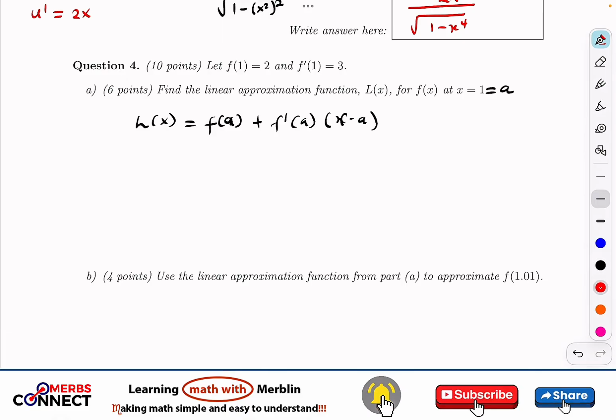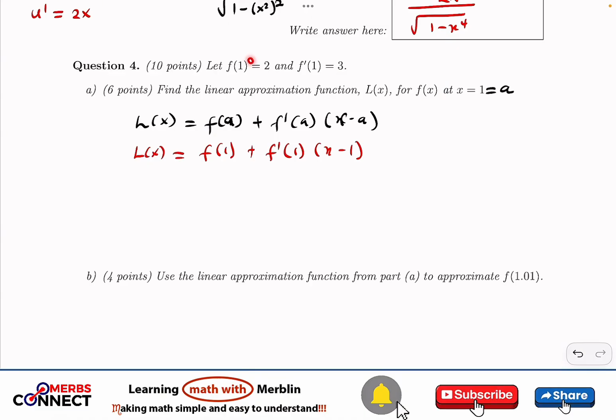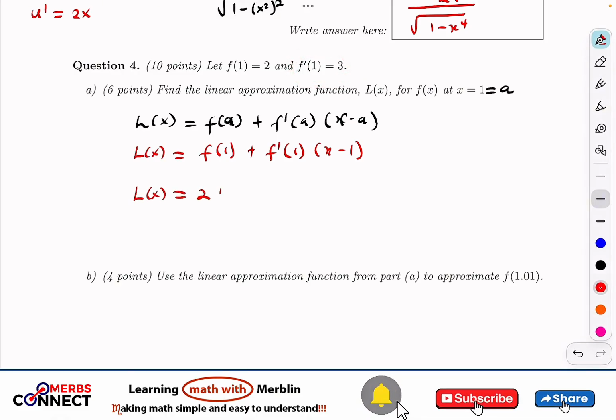So now my linear approximation will be equal to f of 1 plus f prime of 1 times x minus 1. Fortunately for us, we don't need to do any work because f of 1 is given, and f prime of 1 is also given. So our linear approximation will be equal to 2 plus 3 times x minus 1.